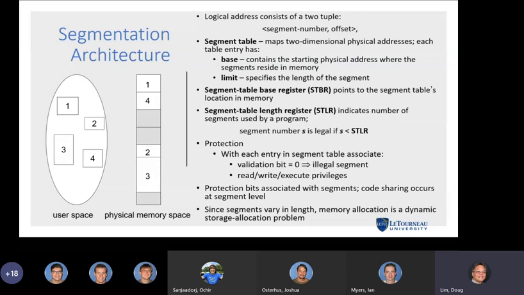So there's actually a table that contains the segments. You can see here, this table would have the information about segments 1, 4, 2, and 3 in this diagram on the left. And the segment table length register indicates the number of segments used by the program.